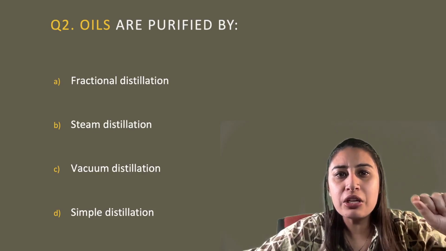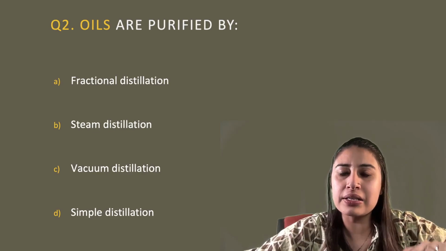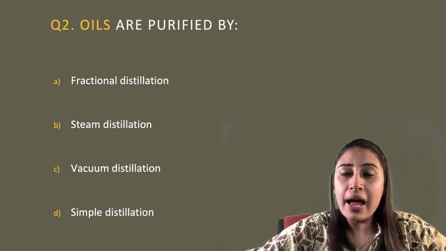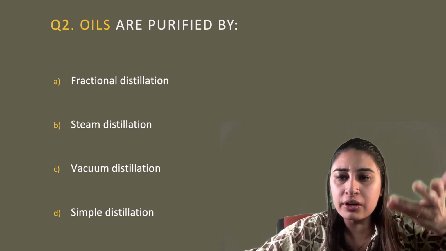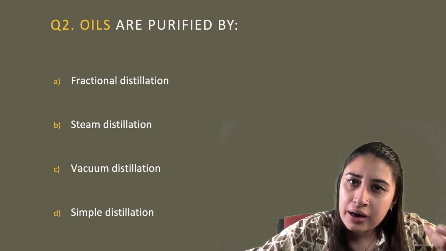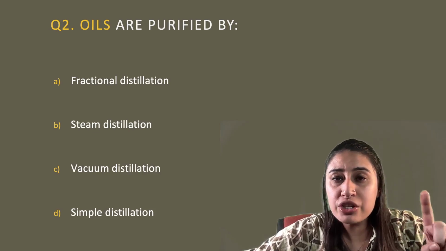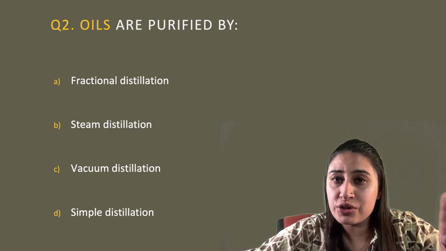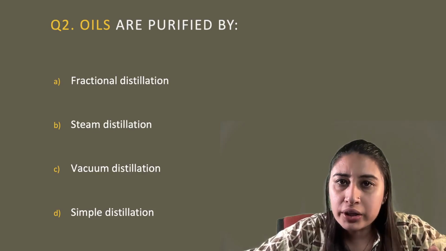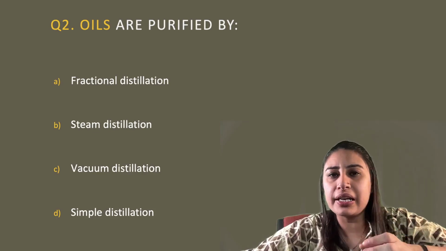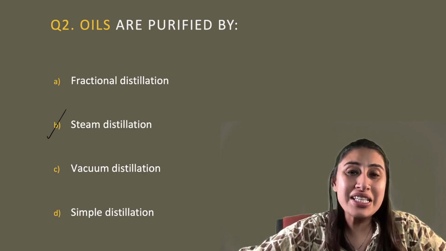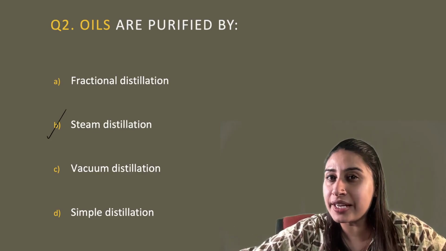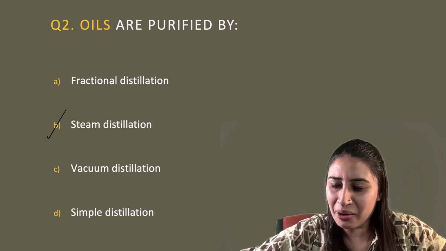So we can use vacuum distillation, that is distillation under reduced pressure, and steam distillation when we have to make something steam volatile. So the steam will be formed with our molecule, which is generally an organic molecule, generally immiscible with water, but with steam we can collect it. So oils are purified with, you must know, steam distillation. It's a takeaway question for you, and I'm sure now you know.